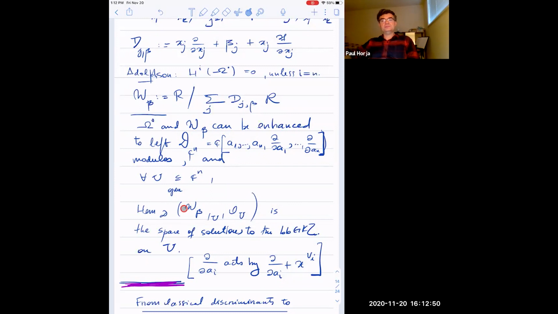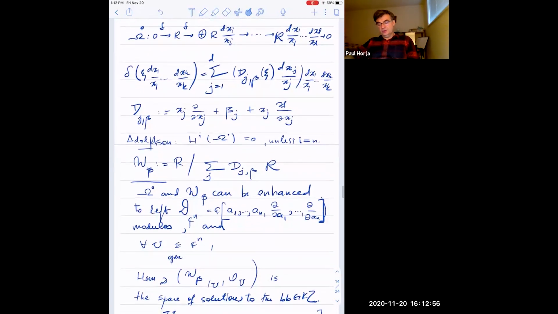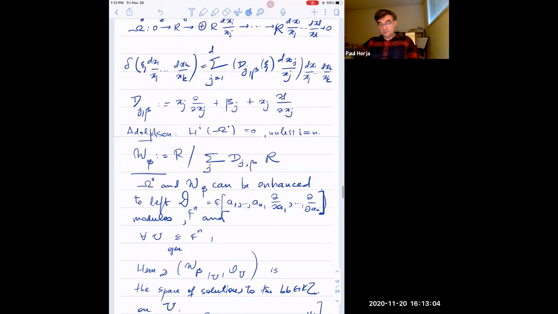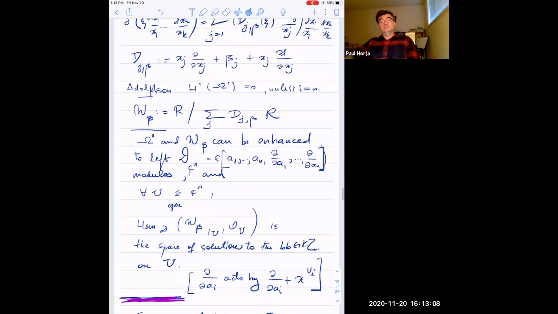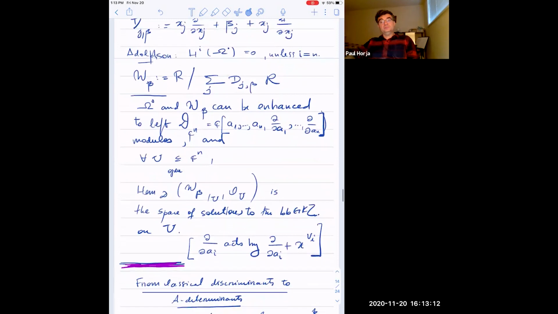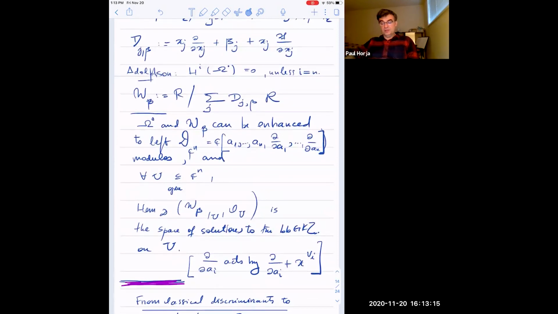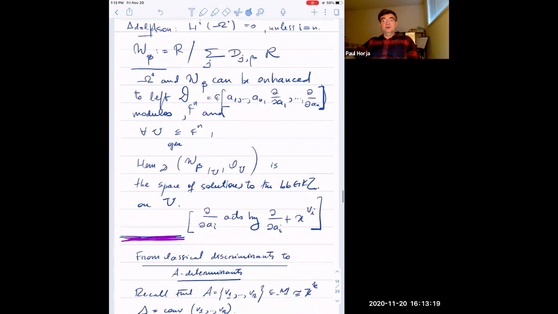So the question about understanding the discriminant and all that can be phrased in terms of this Dor crystal. Again, algebraically it is a very natural notion.